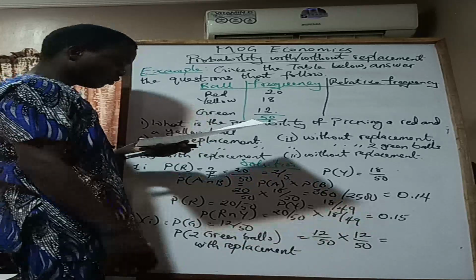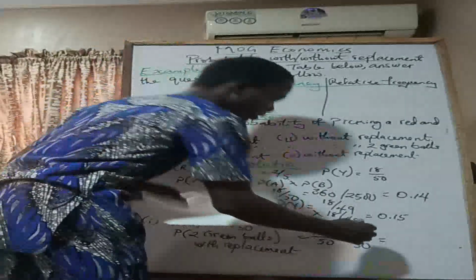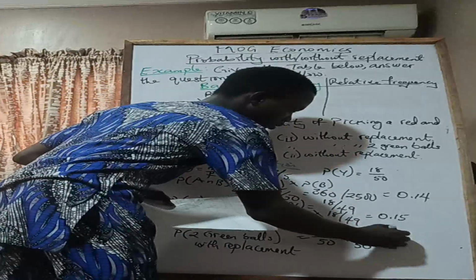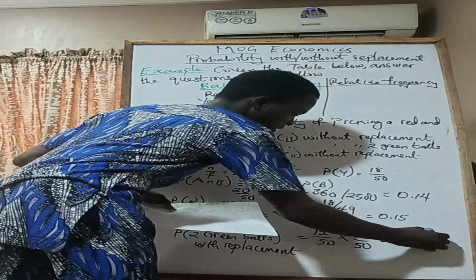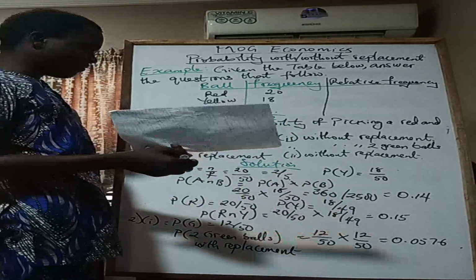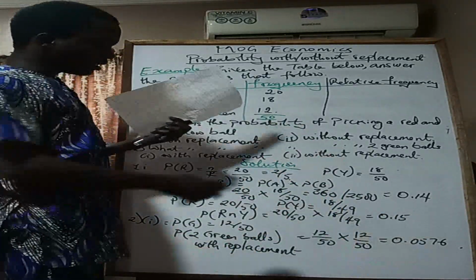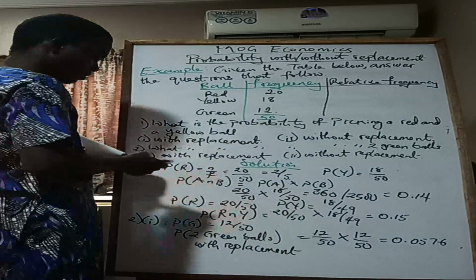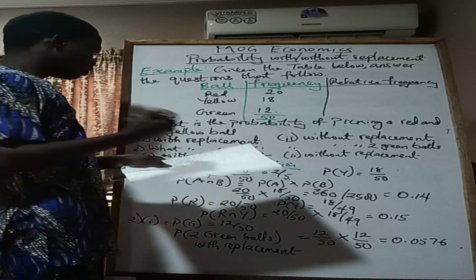Yeah, 0.06. Approximately, let me just write 0.0576. So it's approximately 0.06. So you have like a 5.6% chance of picking two green balls with replacement.